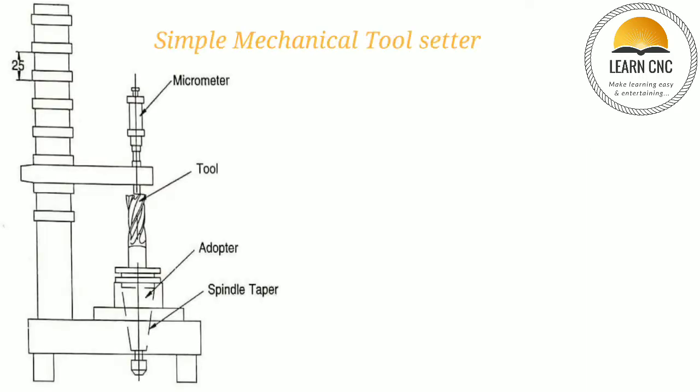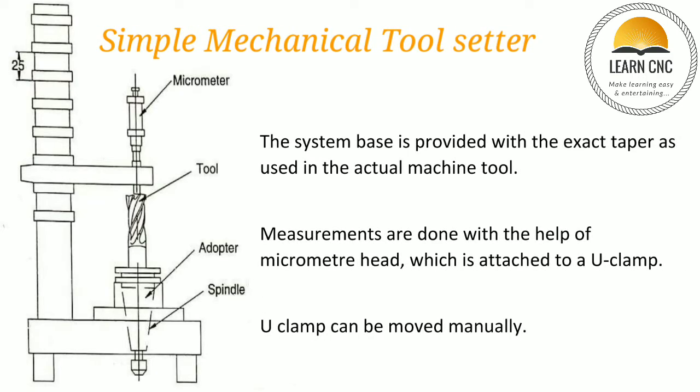A tool setting device is used here. In this type of system, the base is provided with the exact taper as used in the actual machine tool. The assembled tool is therefore placed in the spindle taper. Then the measurement is done with the help of a micrometer head, which is attached to a U-clamp as shown in the figure.